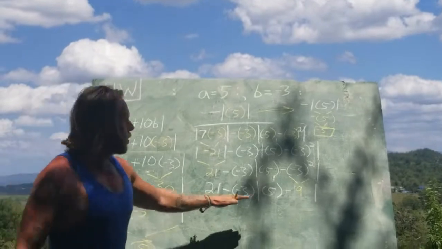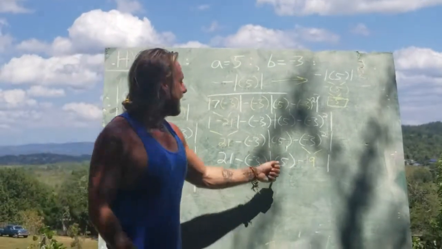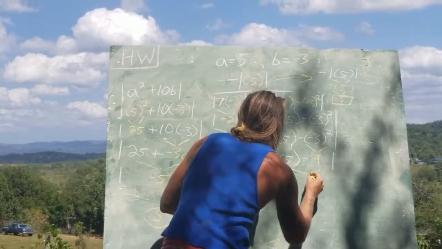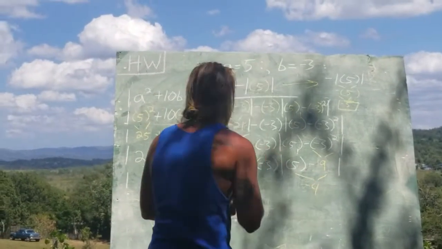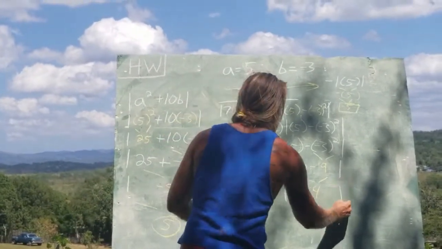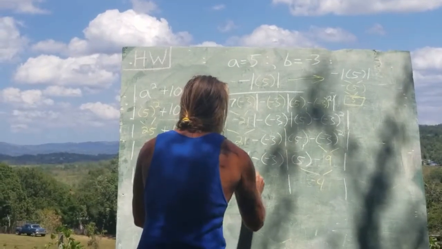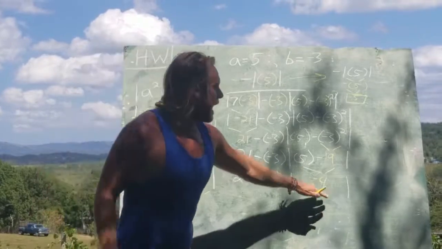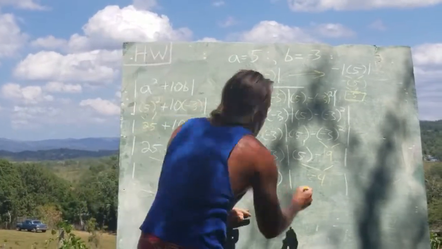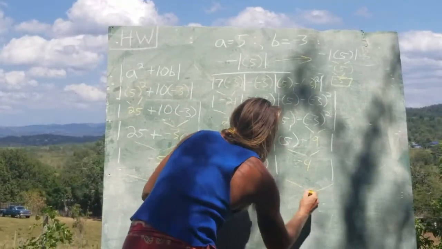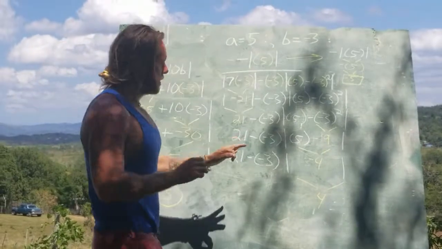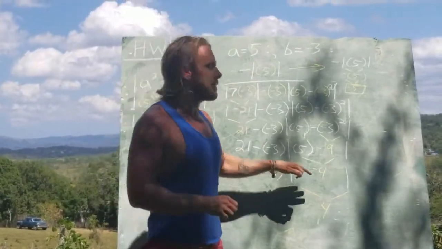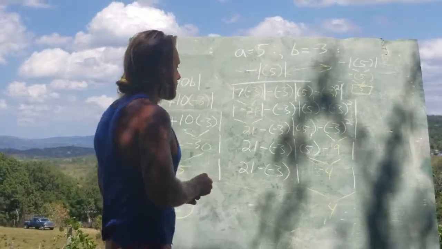All right, still working within our absolute value. We have a 5 minus a 9 is a negative 4. Look, we're getting closer though. The absolute value of negative 4 is a positive 4. And again, just for review, we do the absolute value before we take this multiplication, because the absolute value is like a grouping symbol.